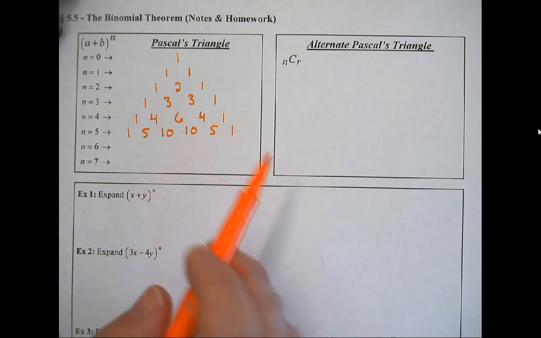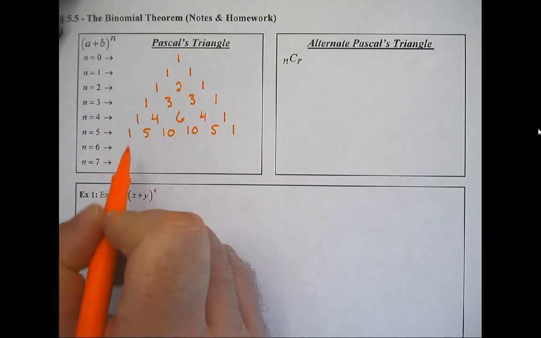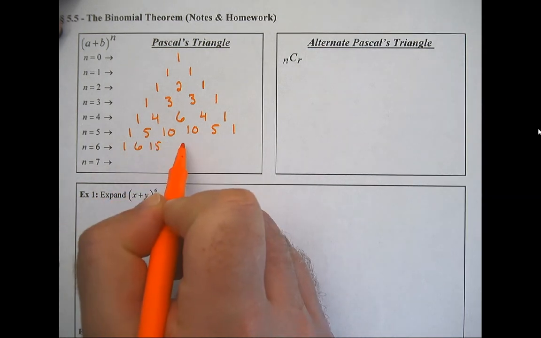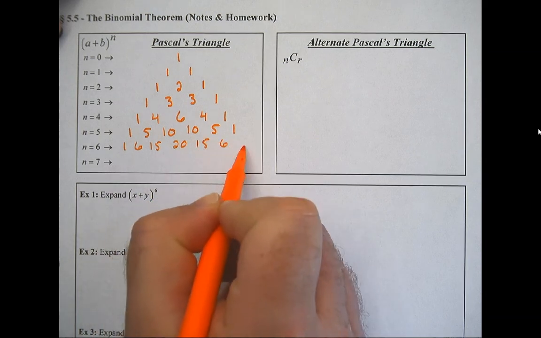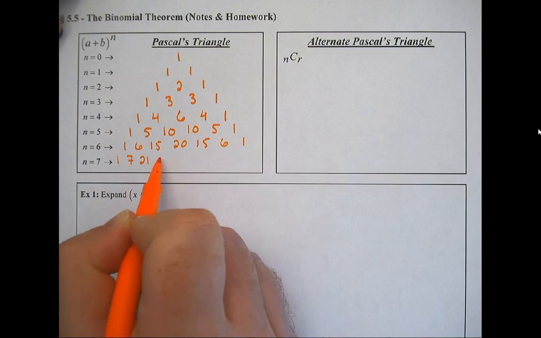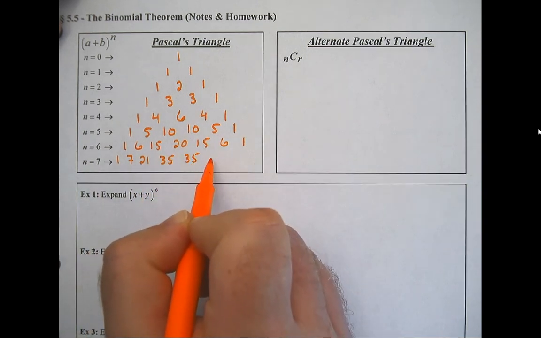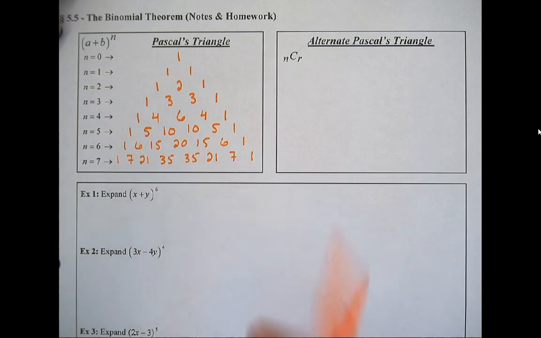See if you can generate the next two rows. You should get 1, 6, 15, 20, 15, 6, 1, and then 1, 7, 21, 35, 35, 21, 7, 1.